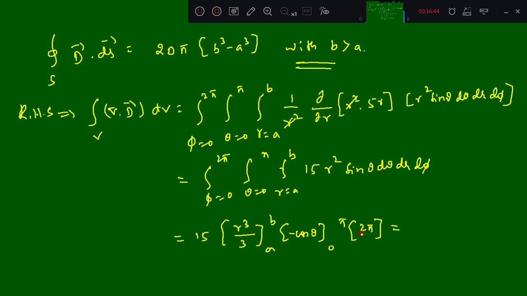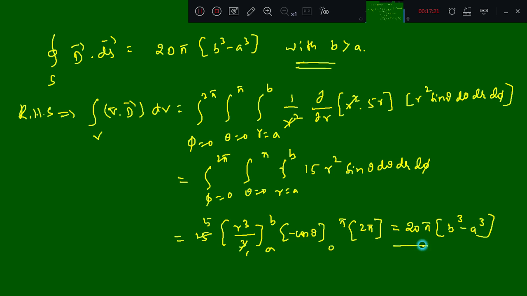Now if I substitute the values, the 3 cancels with one of the 3 fives, leaving 5. This becomes 2, and this is already 2, so 2 into 2 is 4, 4 into 5 is 20 pi, then r cube is b cube minus a cube.